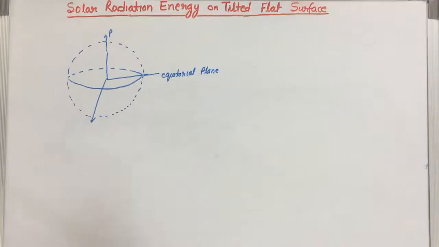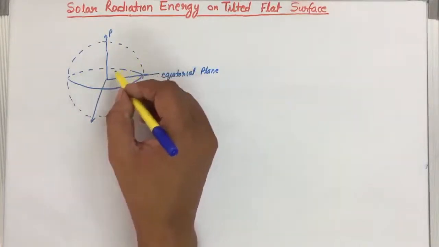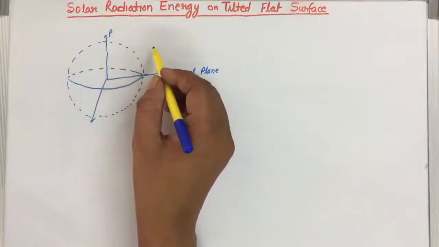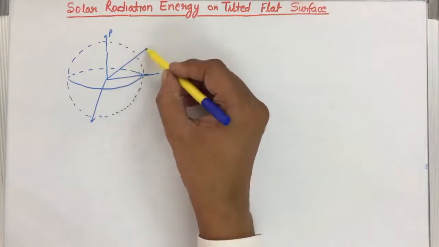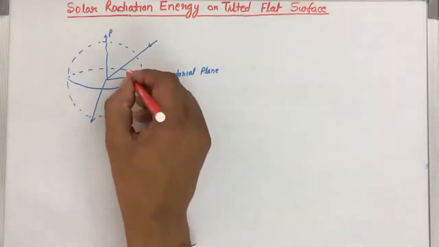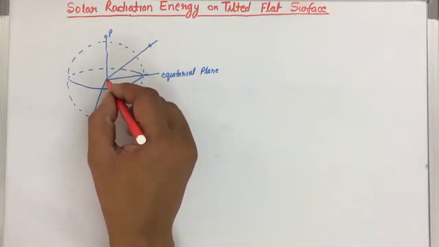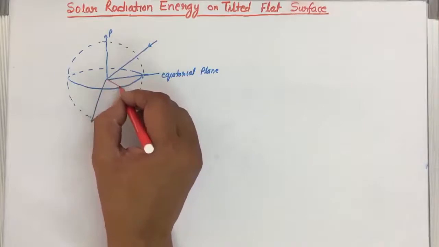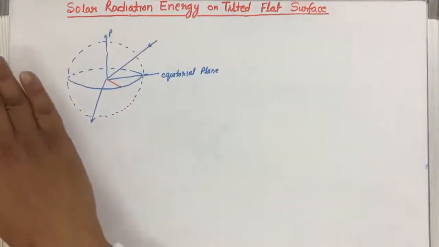And yesterday we have seen some angles related to this. Suppose radiations are coming like this, then yesterday we made the projection of this on this plane, the equatorial plane.